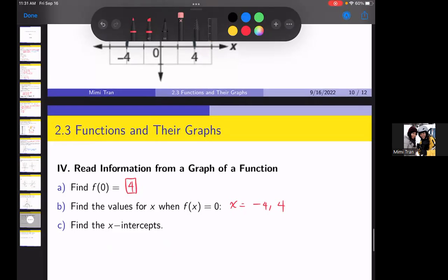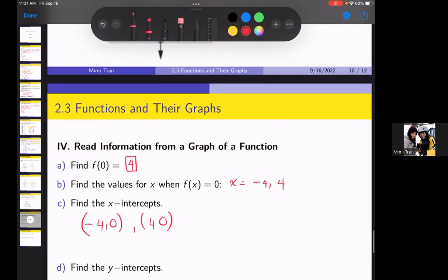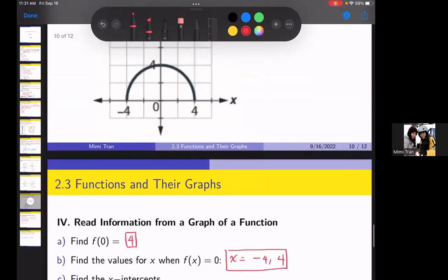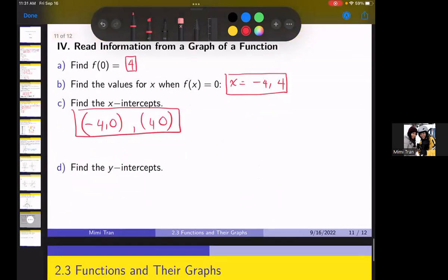I'm talking about points. So -4, 0 and 4, 0. Y-intercept: 0, 4. That's not 1.